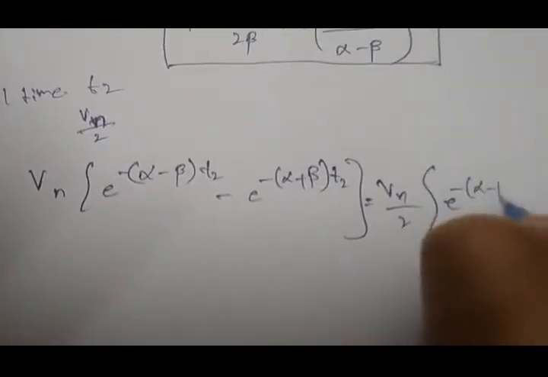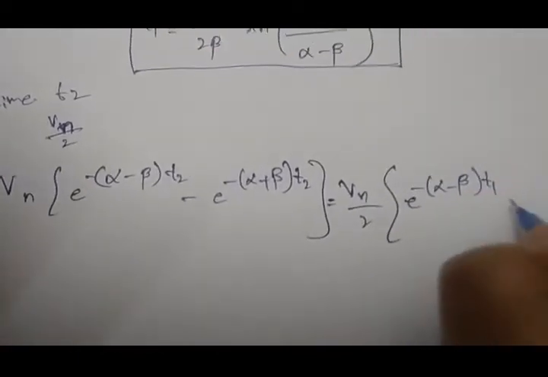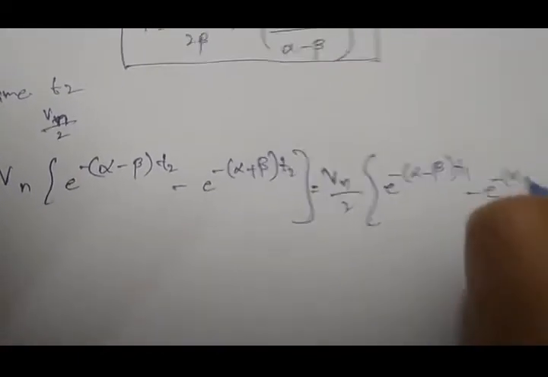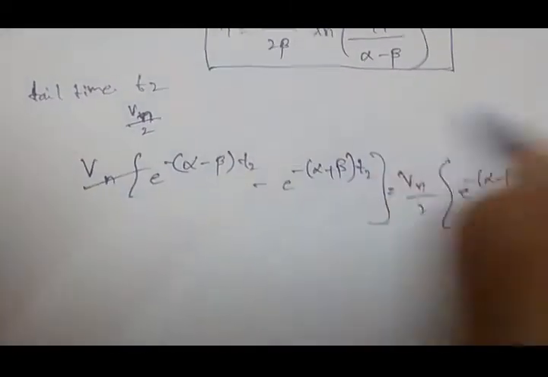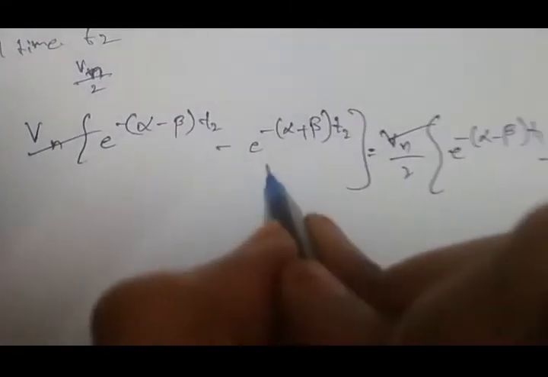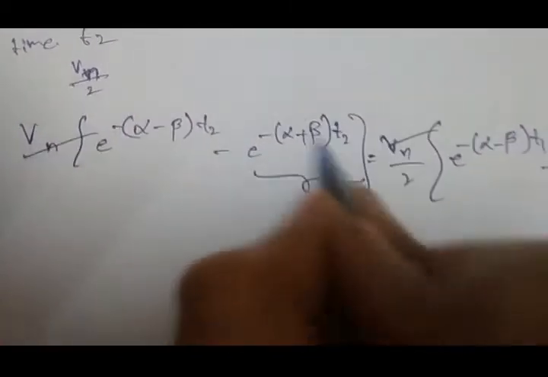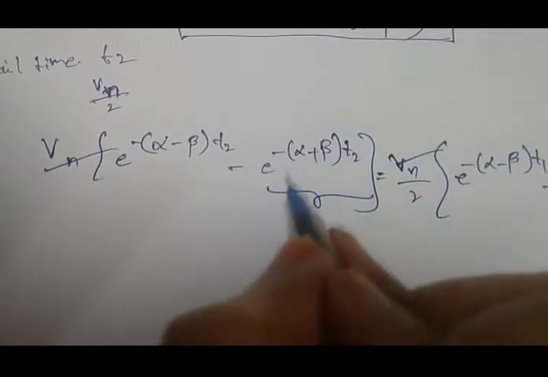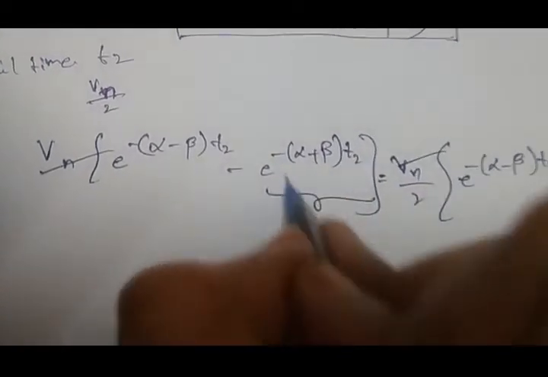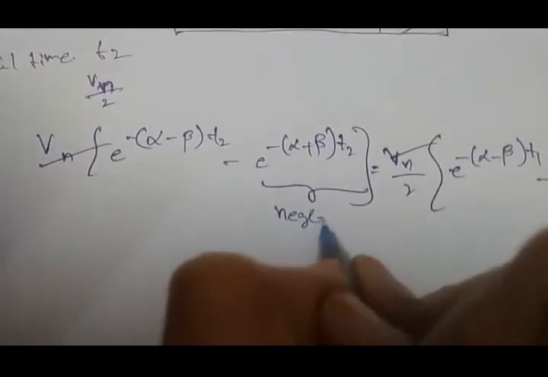So I am replacing this T1 e power minus alpha plus beta T2. Whatever this term is, it will be very negligible, so I am simply neglecting this.